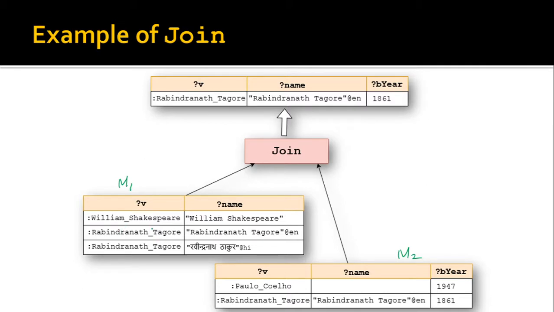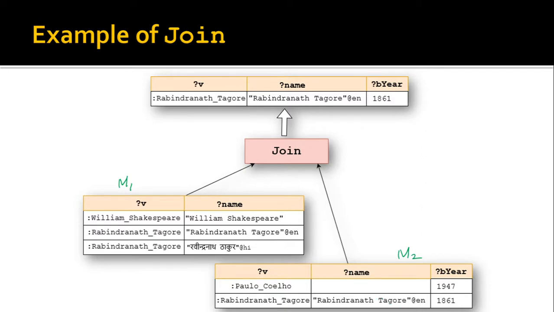Rabindranath Tagore has two entries because he has an English representation of the name and a Hindi representation. In the other solution set, you have V as Paulo Coelho, with no name, and the birth year say 1947. And you have Rabindranath Tagore in English, and 1961.